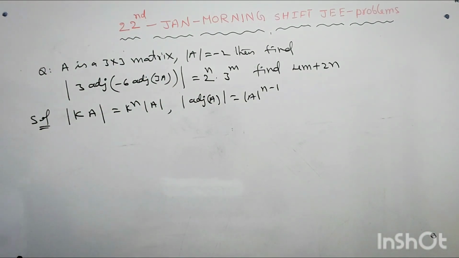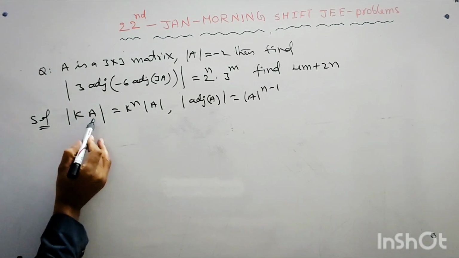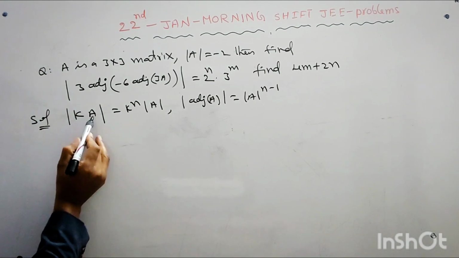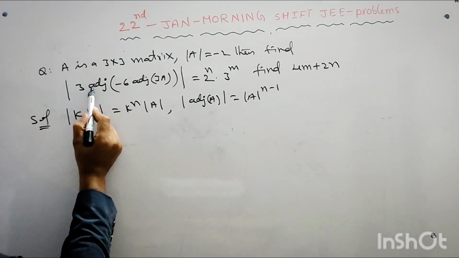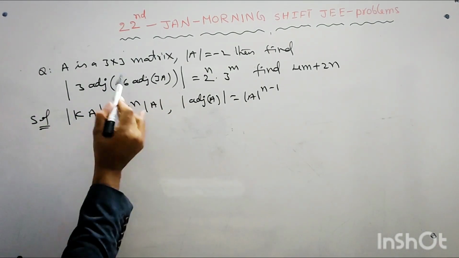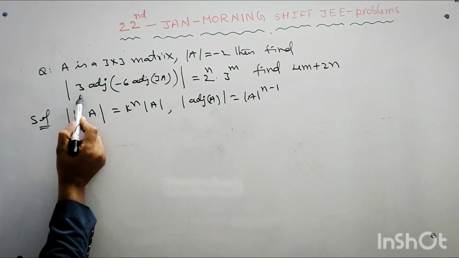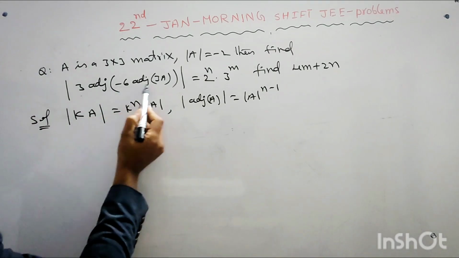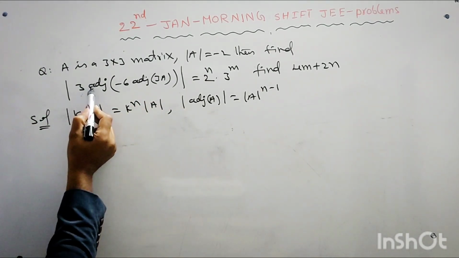Now see this one. K means a constant number, A means a matrix. Even this entire part is also a matrix. Adjoint A is also a matrix. So constant into this matrix, constant into matrix.